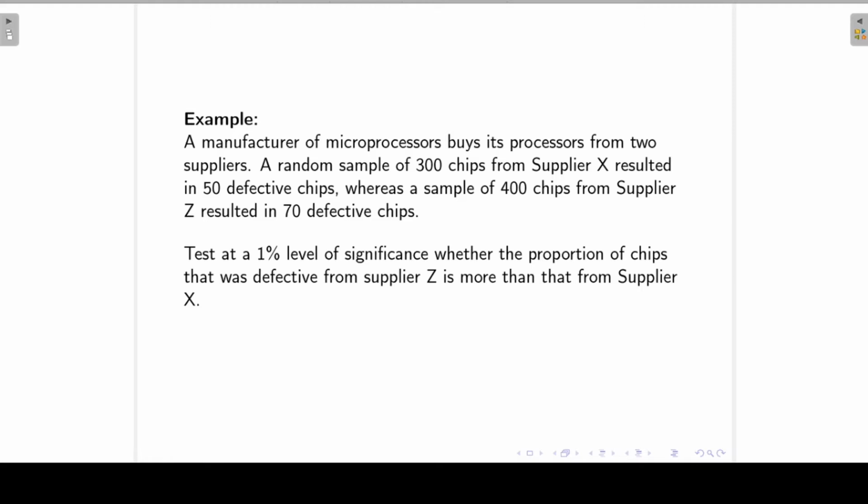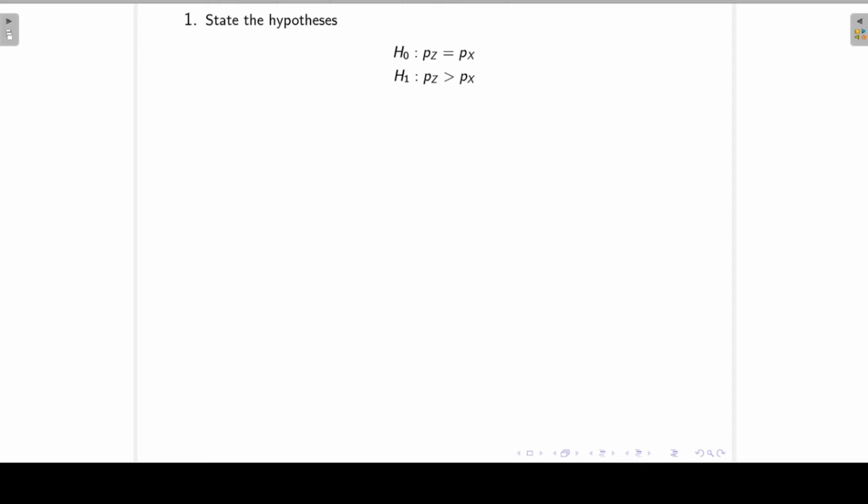By now you should be very familiar with the steps in hypothesis testing. So the first step would be to set up our null and alternative hypothesis. Remember that now we are working with proportions and no longer with population means.